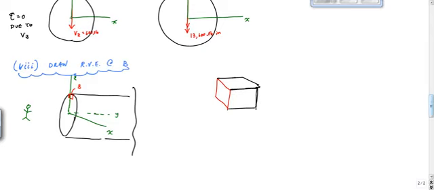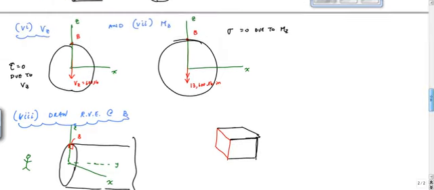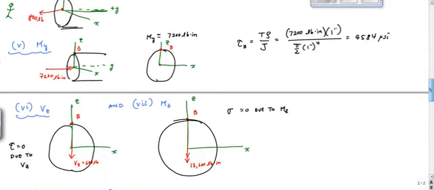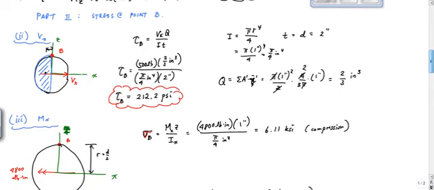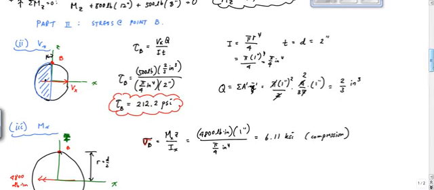So now let's look at the stresses, okay? Let's start with Vx. Vx is a shear force going to the right here, and causes a shear stress of 212 psi. Yeah?